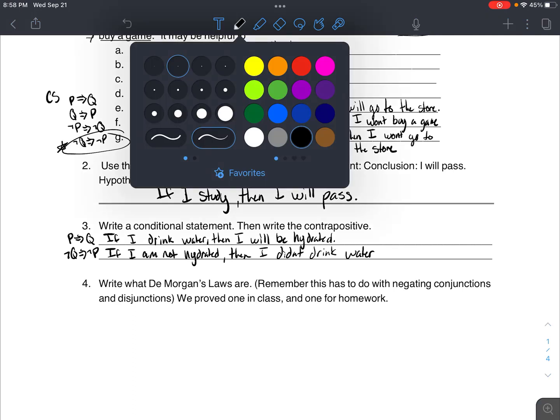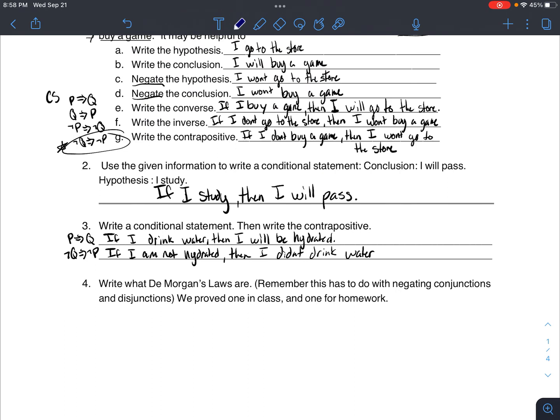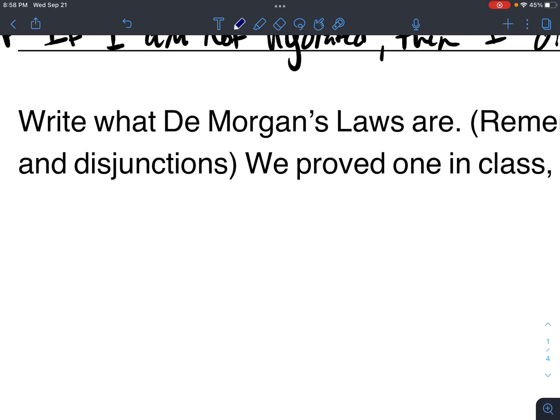So let's talk about De Morgan's laws. We did one of these in class and I assigned one of them for homework. And De Morgan's law deals with the negation of conjunctions and disjunctions.